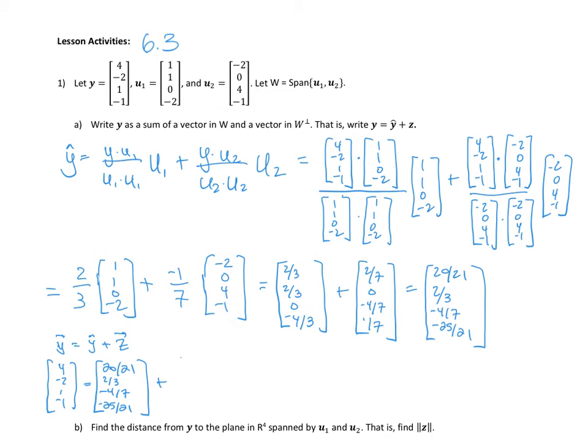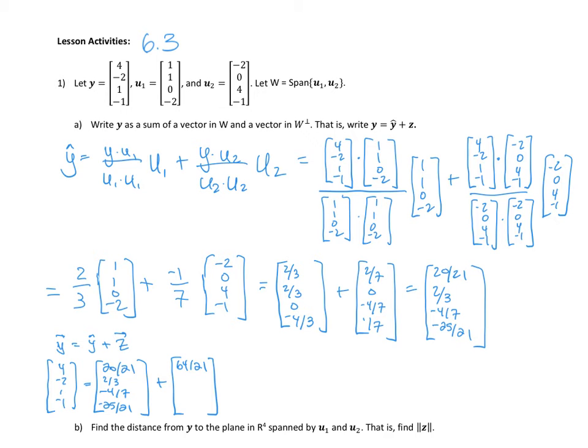And then I have to figure out what I add to that to make y. So 20 over 21, what do I add to that to make 4? I'm going to do 4 minus 20 over 21 on my calculator and have it change it to a fraction: 64 over 21.